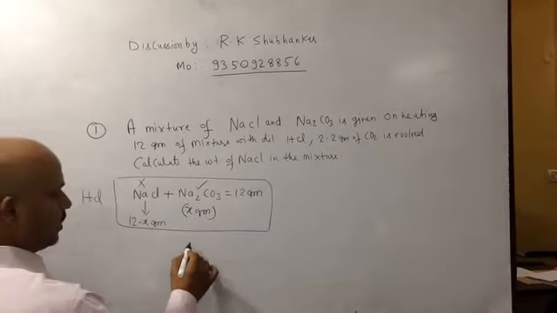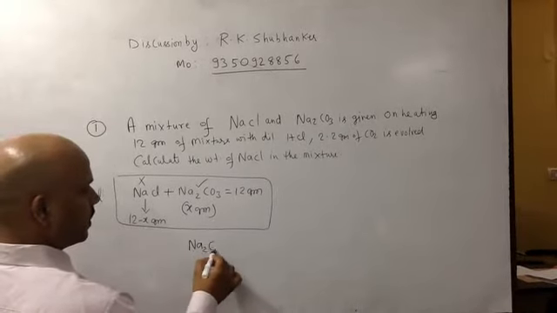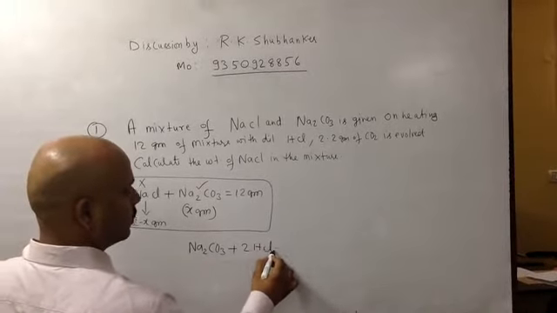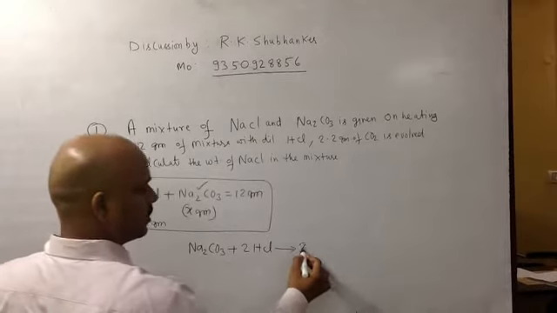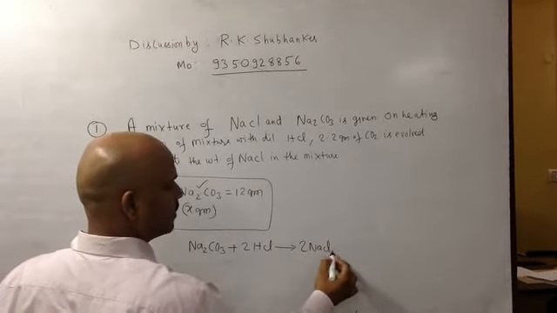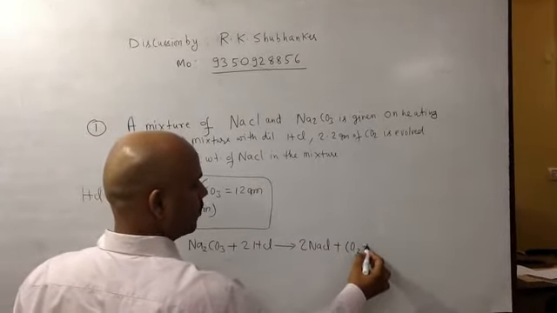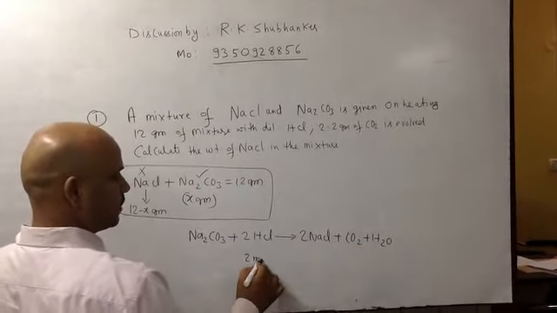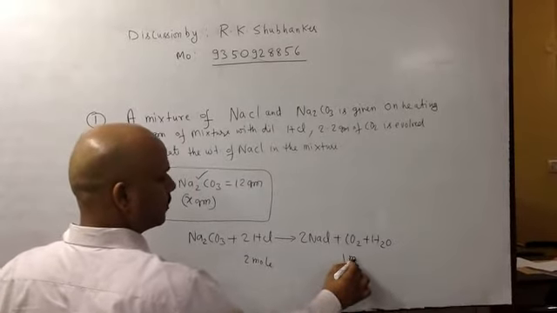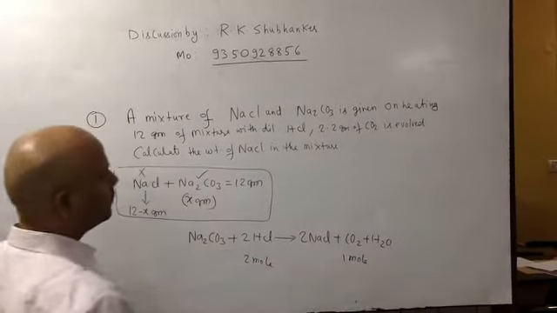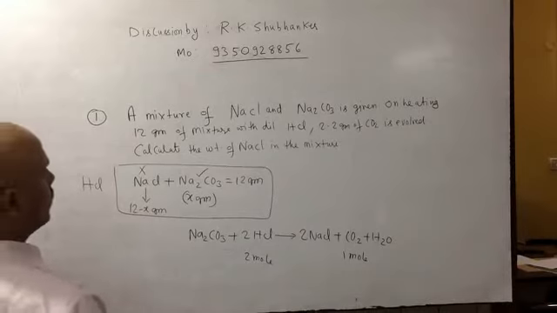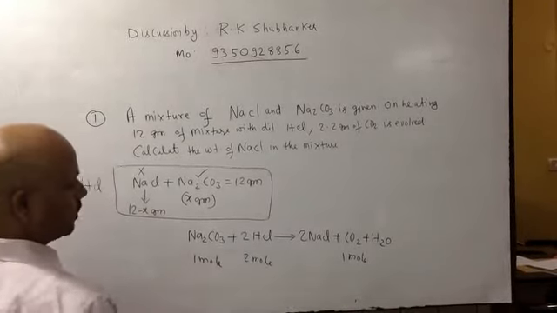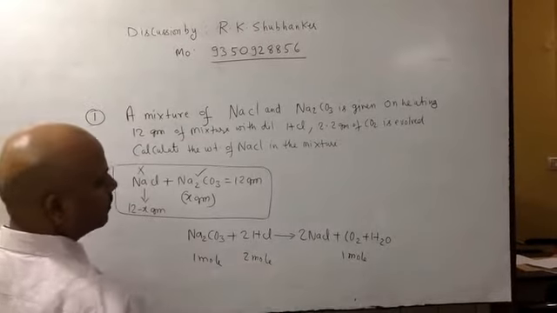Now, if you write the reaction of Na2CO3 plus HCl, you have this reaction: twice NaCl plus CO2 plus water. It means that 1 mole of Na2CO3 reacts with 2 mole of HCl to produce 1 mole of CO2.